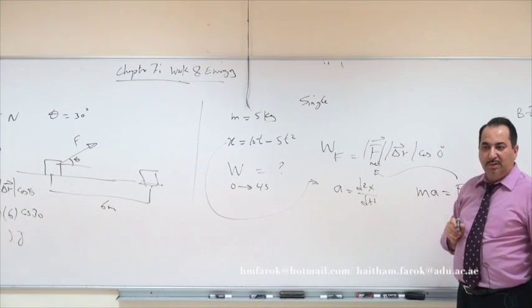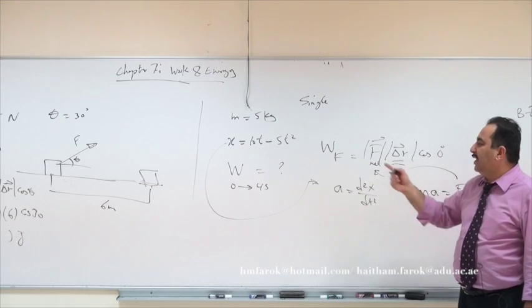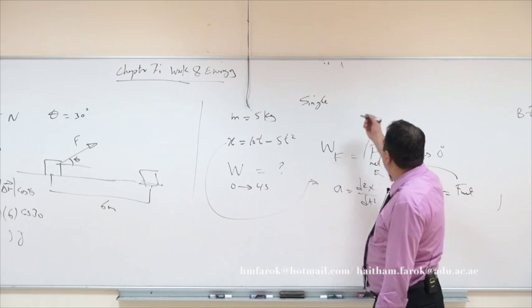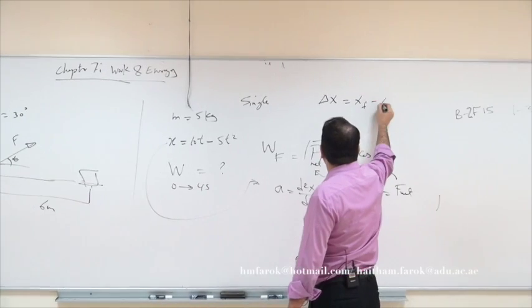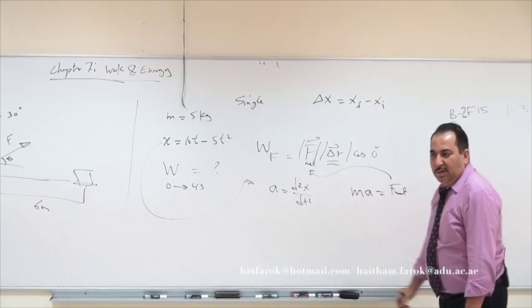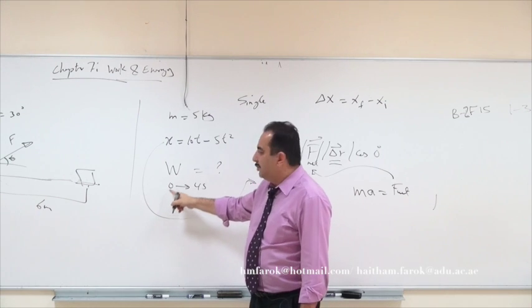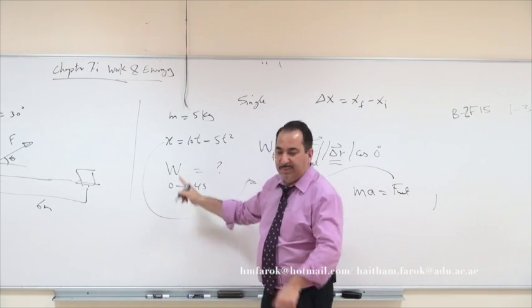yes? What else you need now? Displacement. But here it's not delta R, it's x only, so it's delta x. What does it mean, delta x? X final minus x initial. X initial means x at 0 time, which means evaluate this at 0.